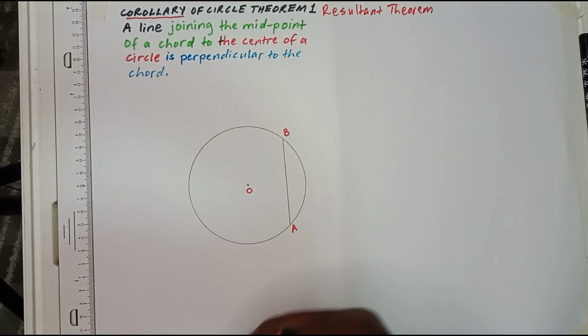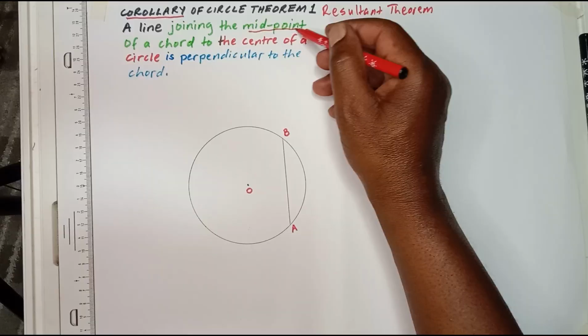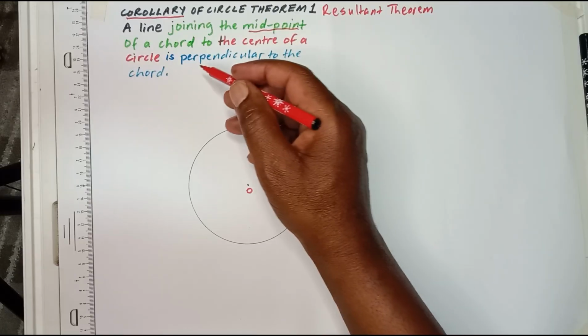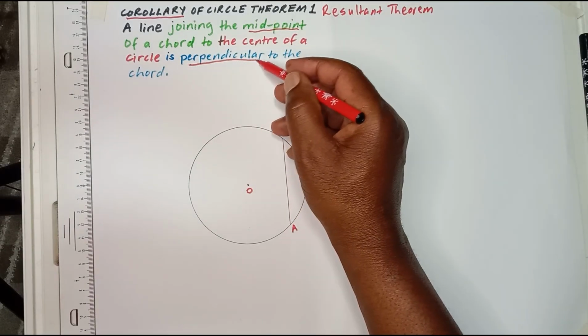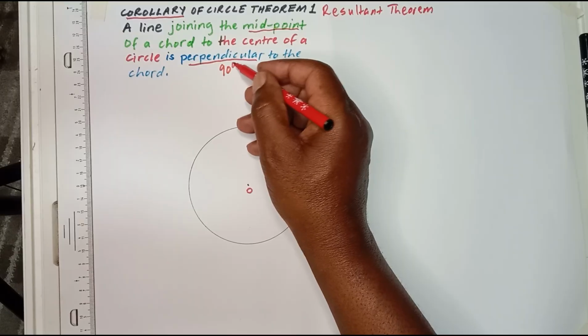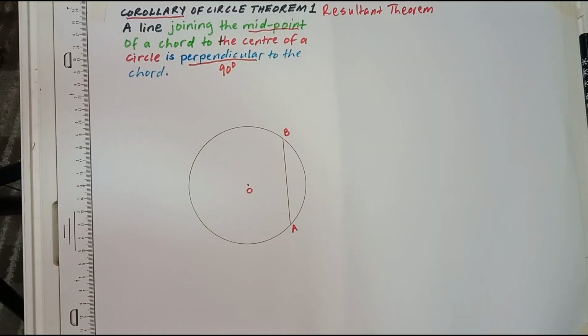What it means is we already have the midpoint, so we don't need to establish it by construction. At the same time, the line drawn from the midpoint is going to be at 90 degrees. Remember, perpendicular means 90 degrees or right angles.